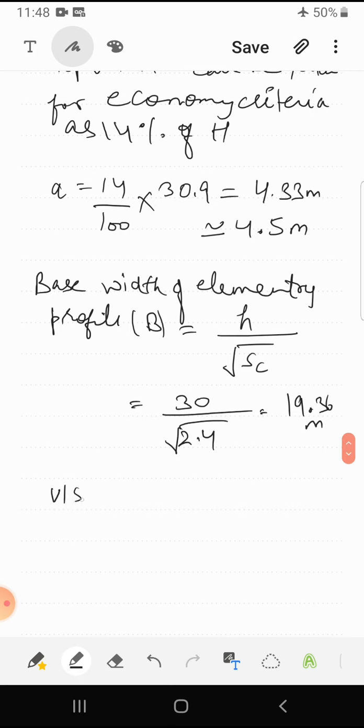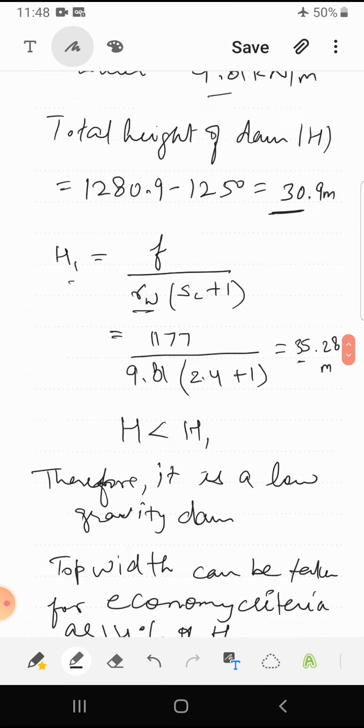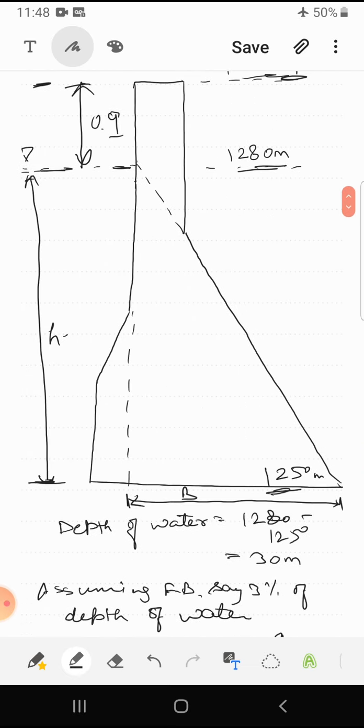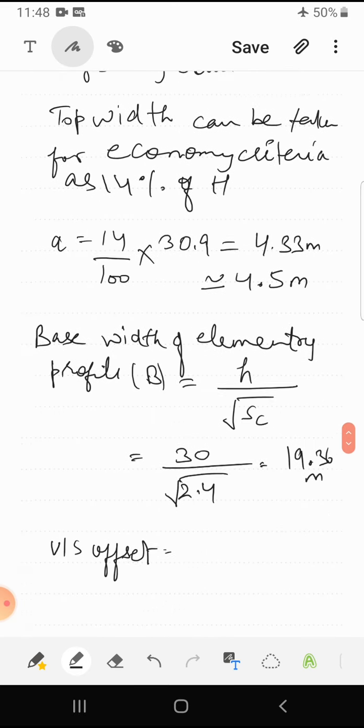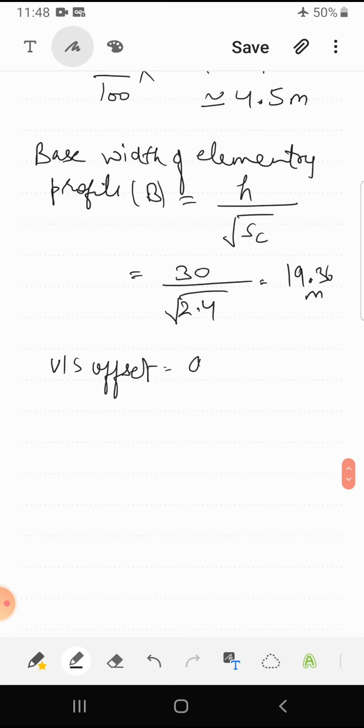Now upstream offset is this part. It is calculated as A by 16.